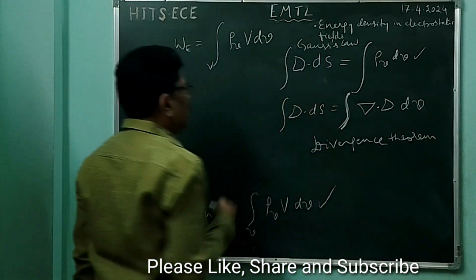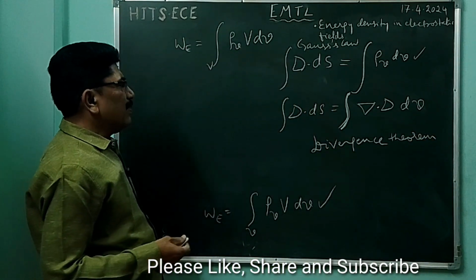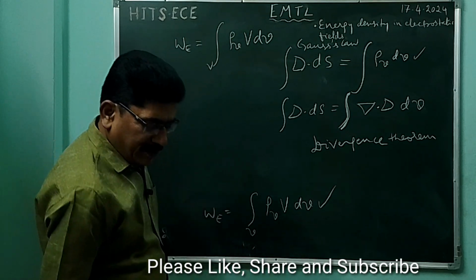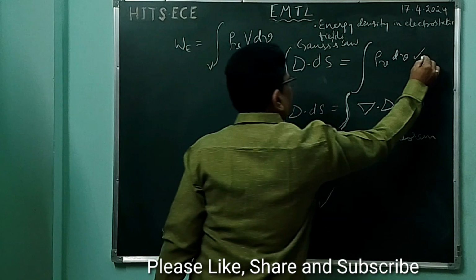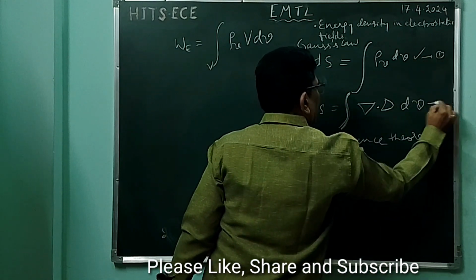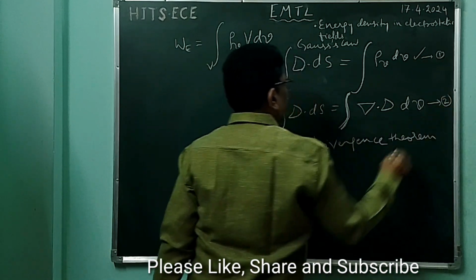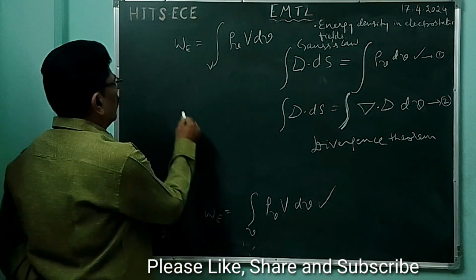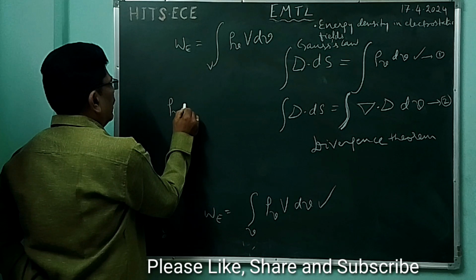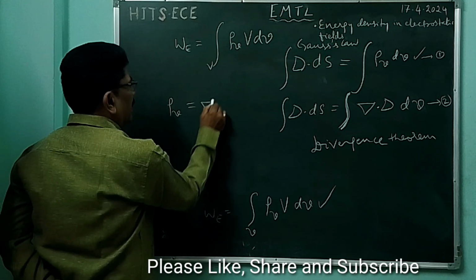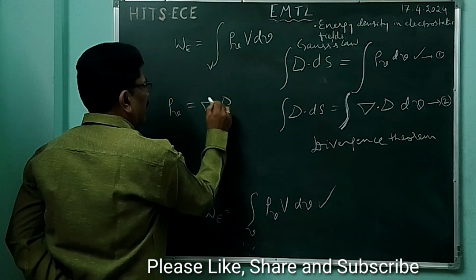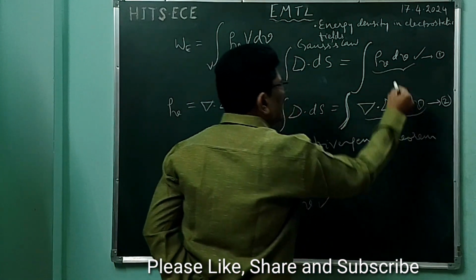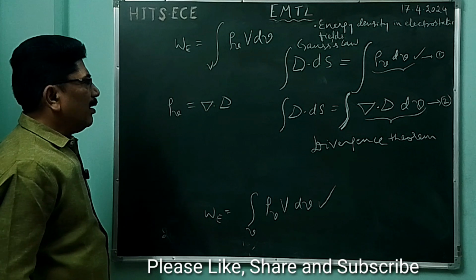So from these two equations, ρ_v is equal to ∇·D. These two are equal, so we can equate ρ_v and ∇·D.